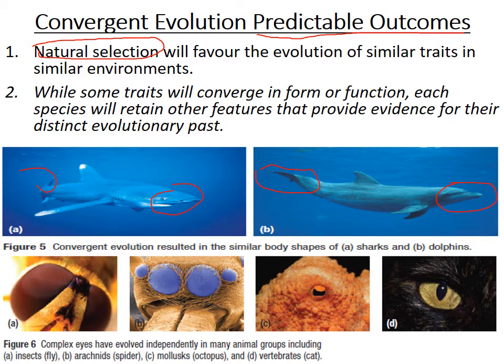And then the other predictable outcome, which I mentioned on the previous slide, is that even though these two organisms will converge in many of their body parts, there'll still be some evidence left over to show that they're not actually that closely related. So that evidence will be homologous structures that would be very, very different between these two organisms, deep down, especially DNA and amino acids in protein structure, just to show that, again, they're not as closely related as we might think. They just look similar because of the similar environments.